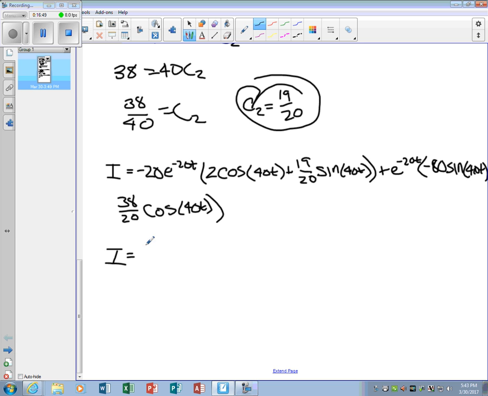So this is negative 40 times 40t, and then negative 19 sine 40t, and then plus what we got up here.